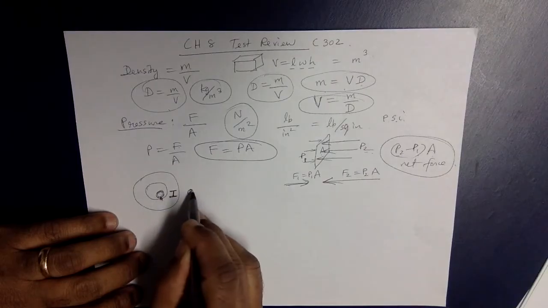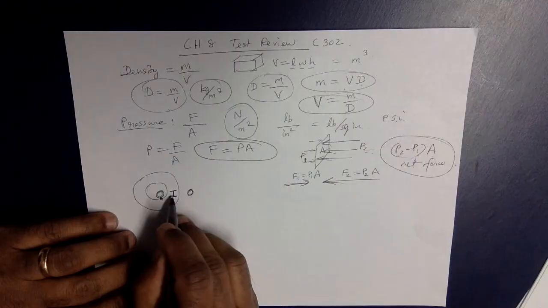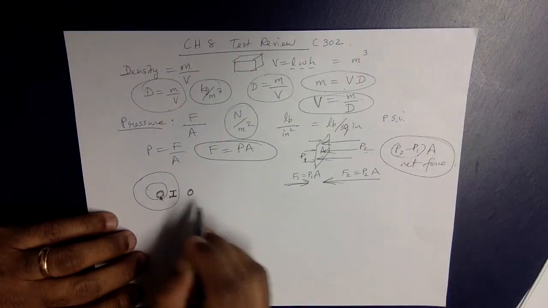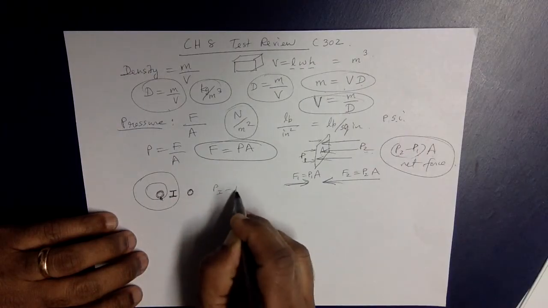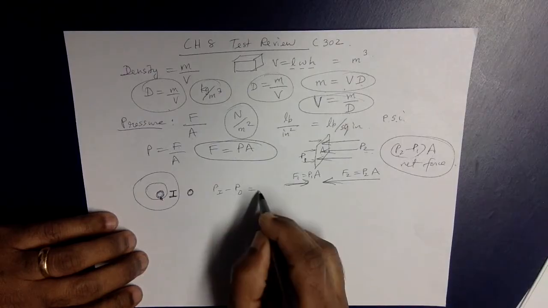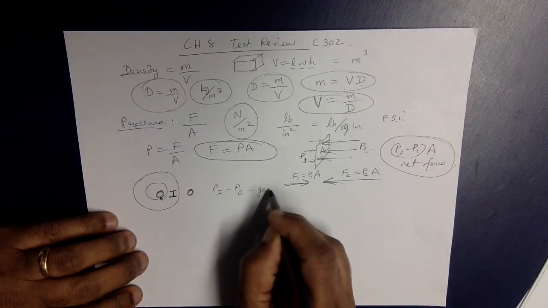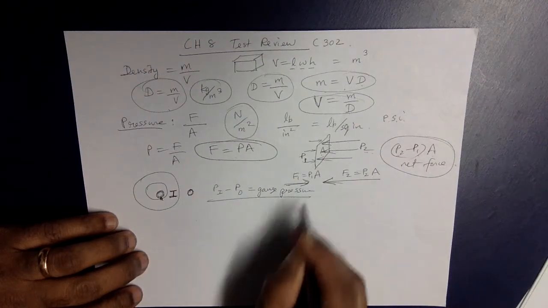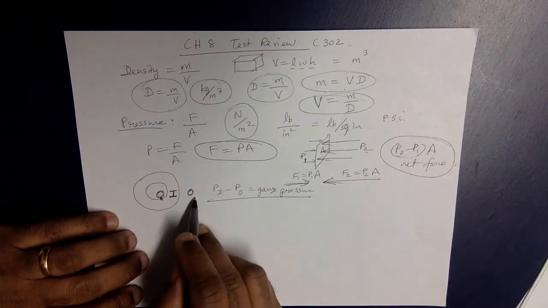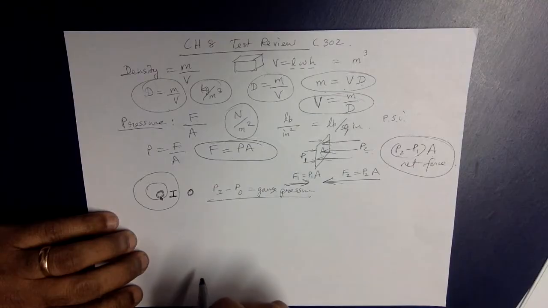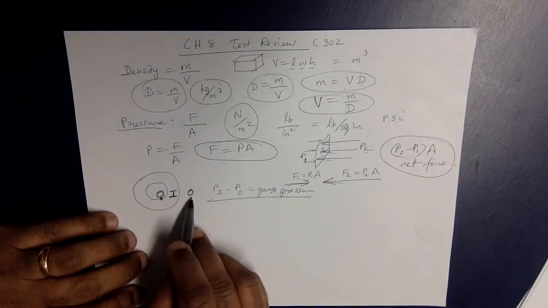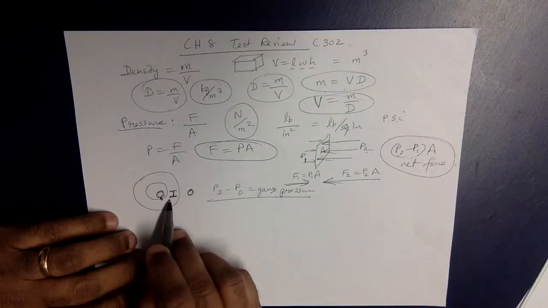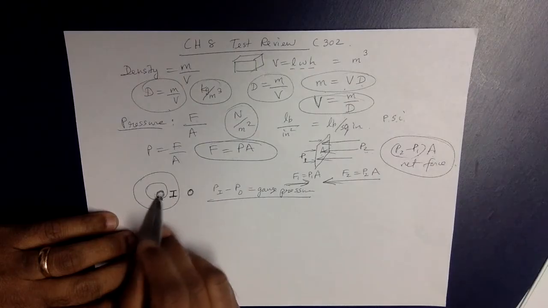Inside pressure is absolute pressure, outside pressure is atmospheric pressure. The difference, pressure inside minus pressure outside, that is gauge pressure. So whatever happens to the outside pressure, it is the gauge pressure that this gauge is going to read.